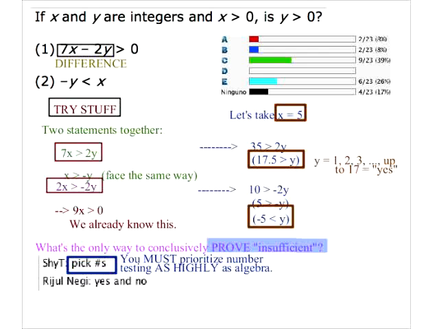But by the same token, if y is negative 1, negative 2, negative 3, or negative 4, those are no answers. So still insufficient, and that's going to give you an answer of E for elephant. A lot of people may be surprised because a lot of people picked C for this one, but it turns out it's not.